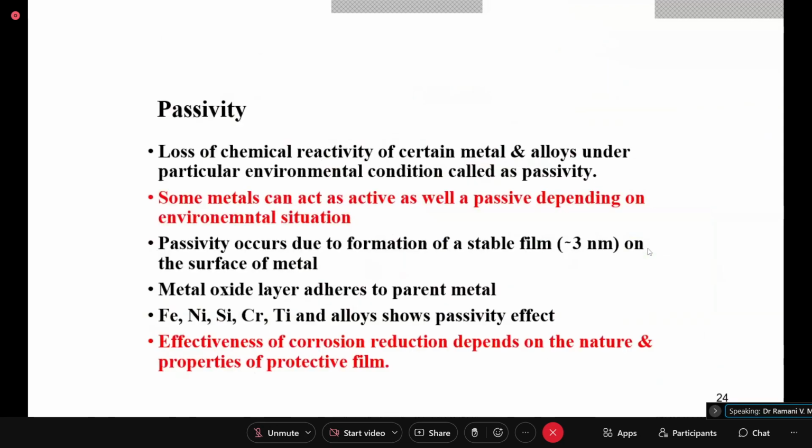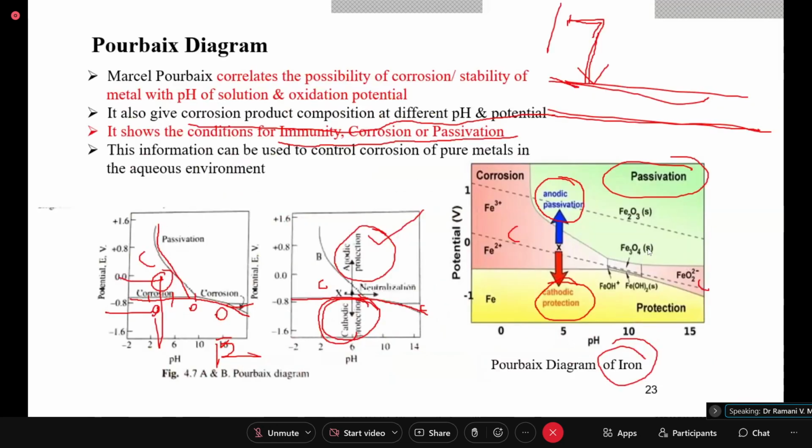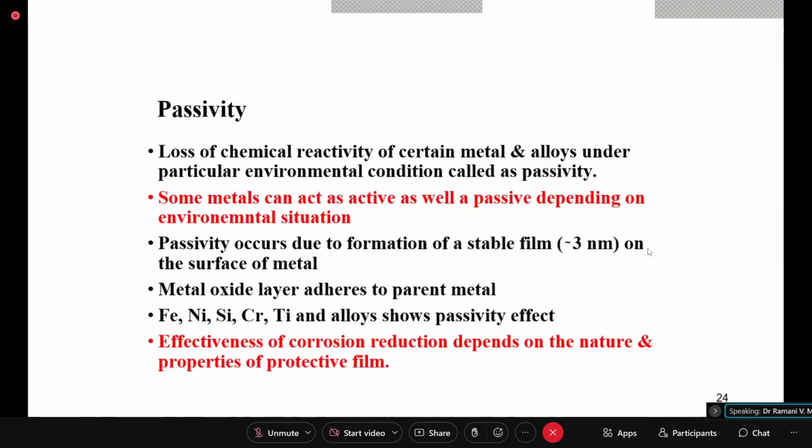Okay. So what is passivity? So passivity is, if a metal is corrosive in some environment, okay, you passivate it by increasing or decreasing the potential. You passivate it by changing the pH. So passivity is loss of chemical reactivity.